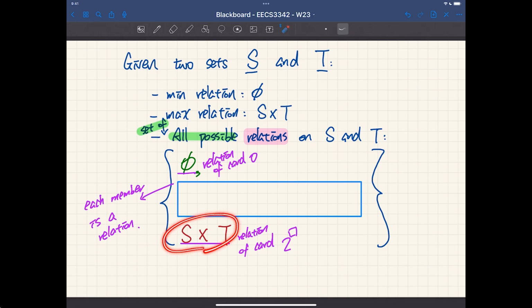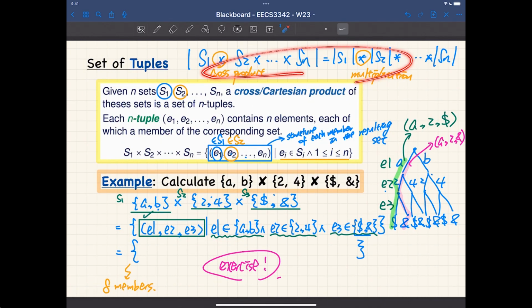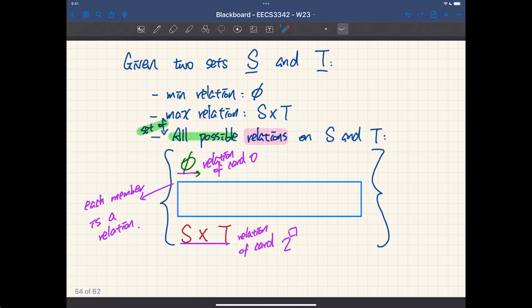Isn't that something we talked about before? Let me remind you, just to convince you. Review that definition. I wouldn't expect you guys to really grasp everything. So this one here would be of cardinality S multiplied by T.